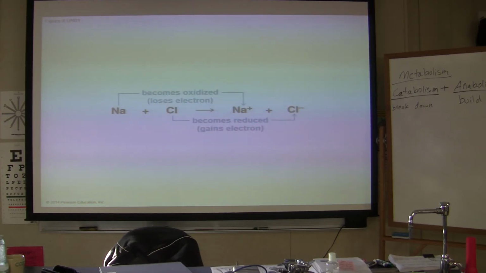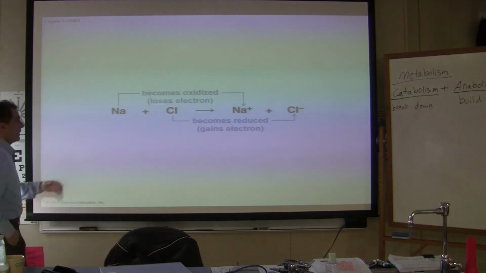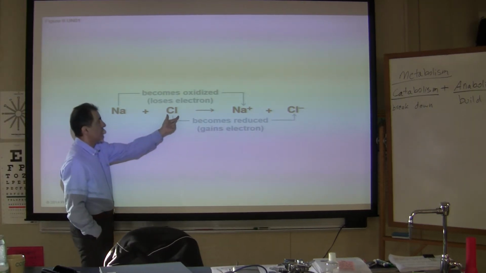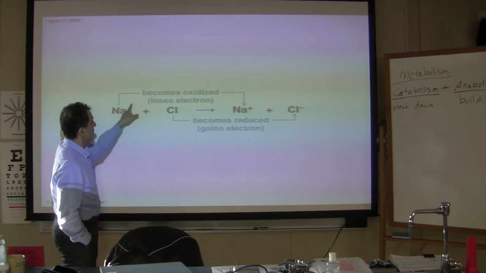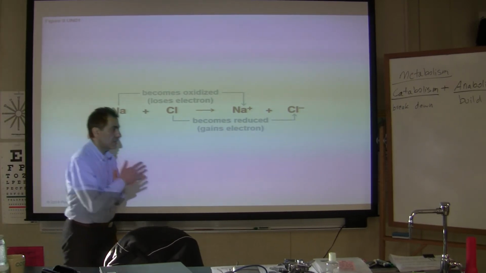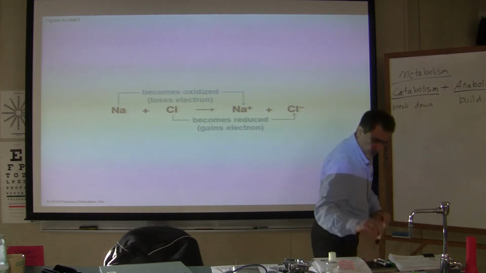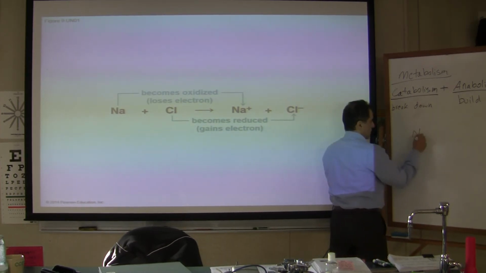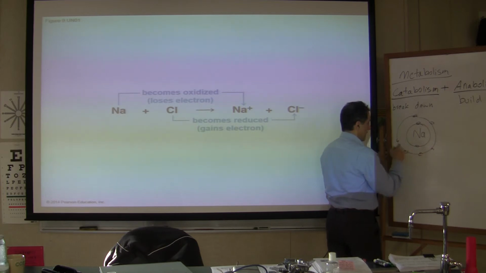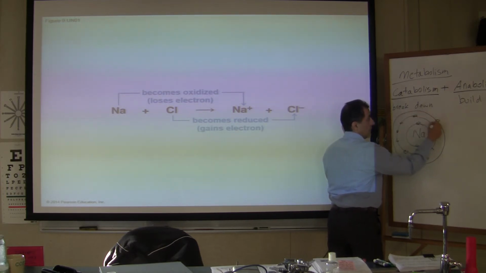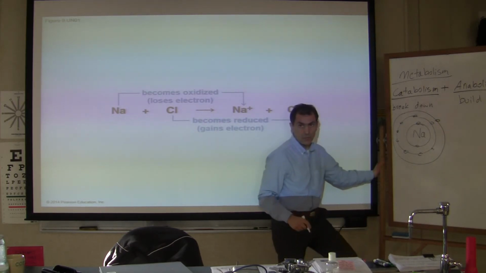Here is an example of it. Amir, what is an example of it? Sodium and chlorine. Okay, so sodium in this case becomes sodium ion. You remember from the beginning of the semester, they had 2 of them here, 8 of them here. Is that right? 1, 2, 3, 4, 5, 6, 7, 8. And the last one had how many? 1. Sodium.